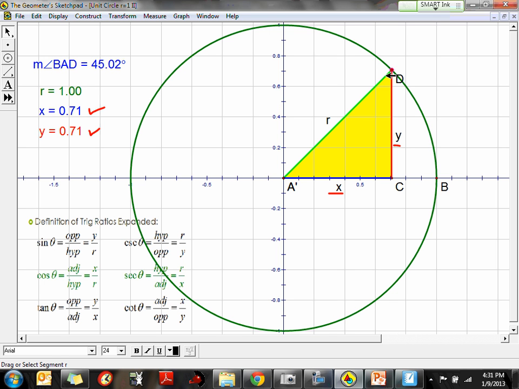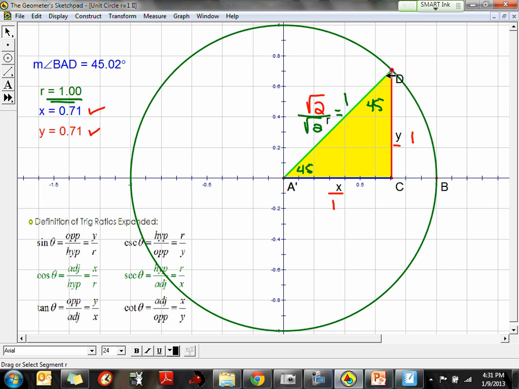What we have memorized for a 45, 45, 90 is a ratio of 1 to 1 to square root of 2. Under the same context, if I want a unit circle, I want to force that radius to be equal to 1. Right now, the ones that we have memorized in our 45, 45, 90 are 1, 1, square root of 2, which makes the radius square root of 2. So to drive that radius down to a 1, we're going to divide by square root of 2, which means this is 1.